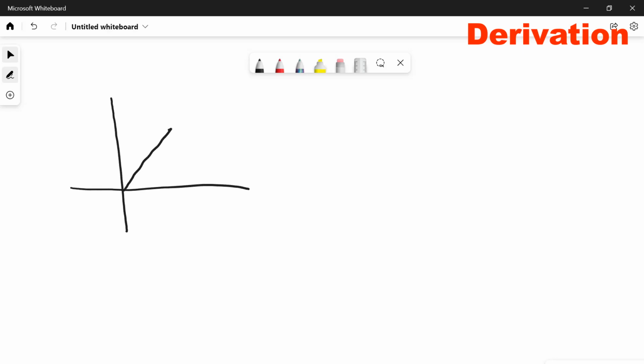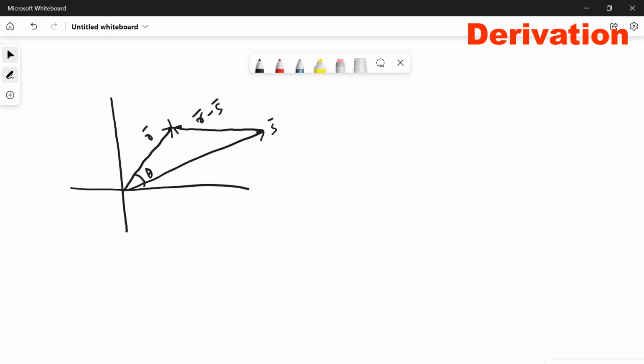Here, let us take two vectors, r and s. This is vector r and this is vector s. The difference between these two vectors is r minus s.